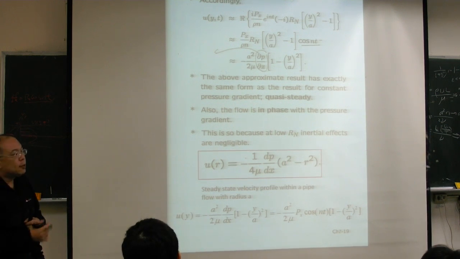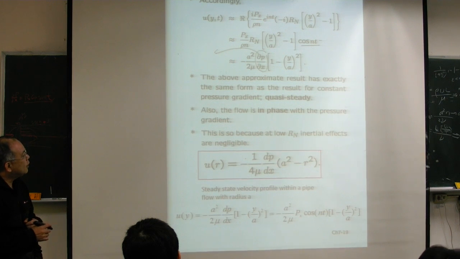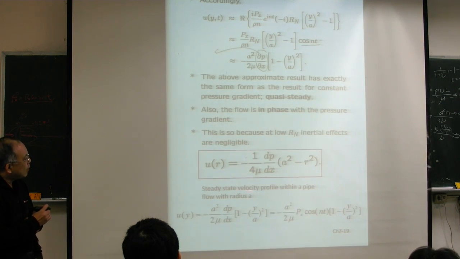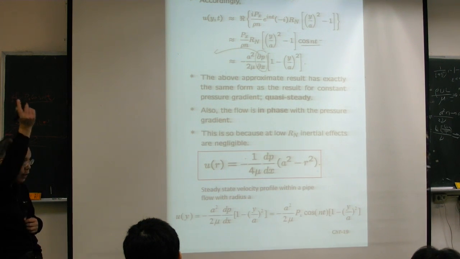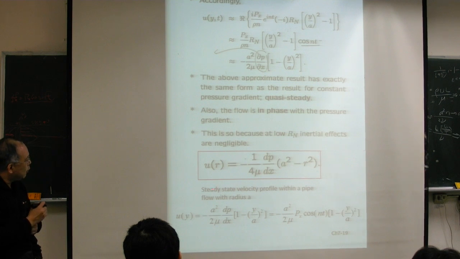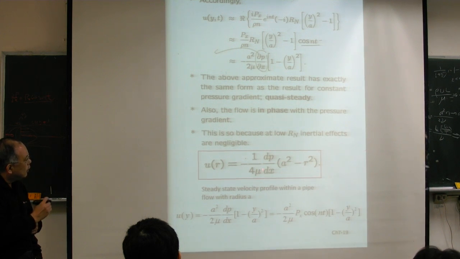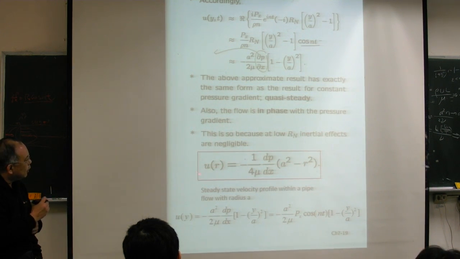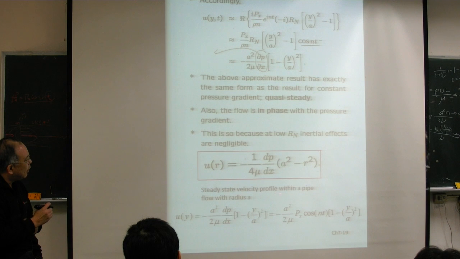And if you compare, from the previous lecture we already studied the steady state velocity profile within the pipe flow. This is a copy from the previous lecture. If I have a pipe flow with a constant pressure gradient, then I get this solution, the steady state velocity profile.